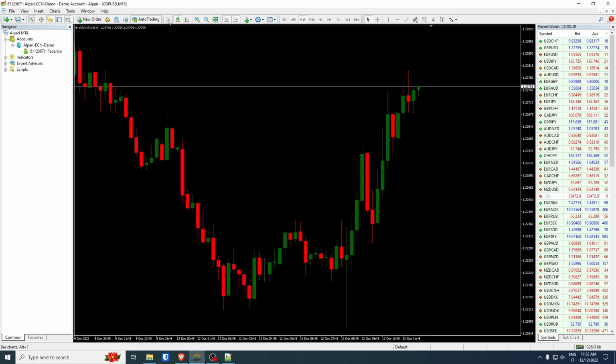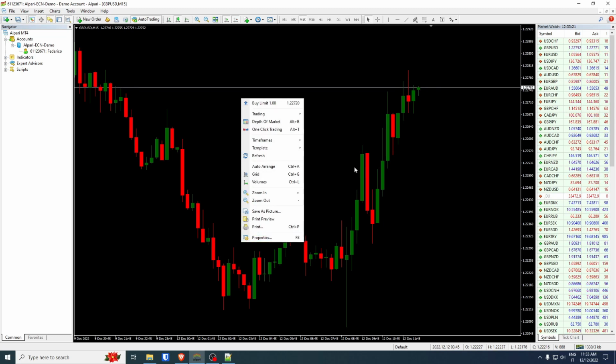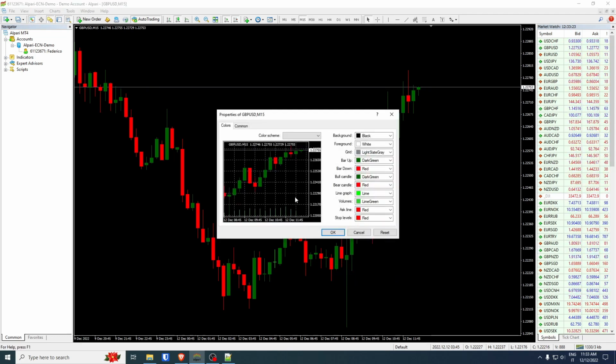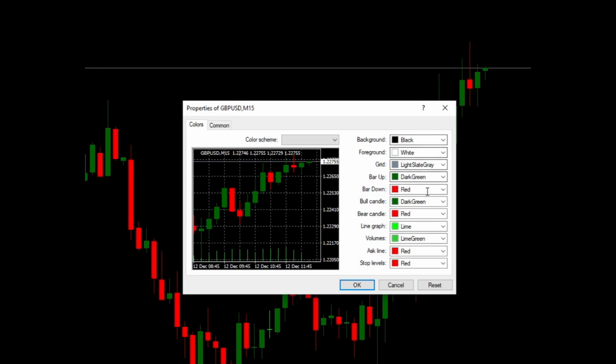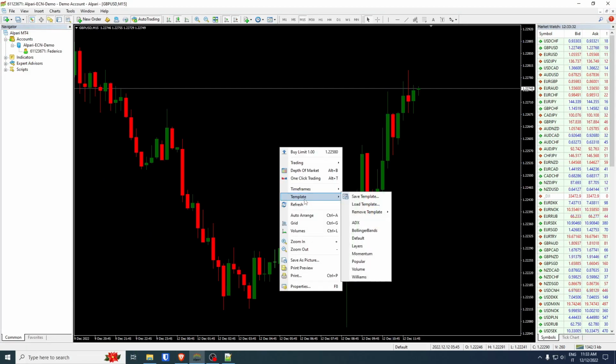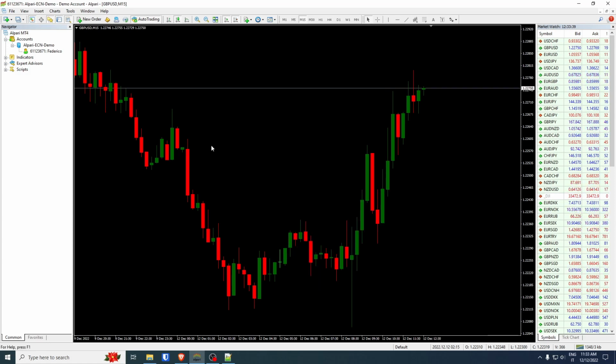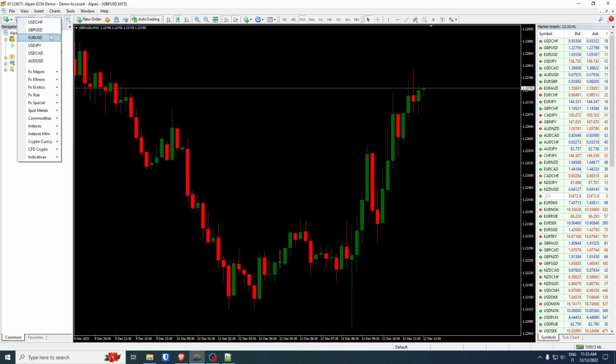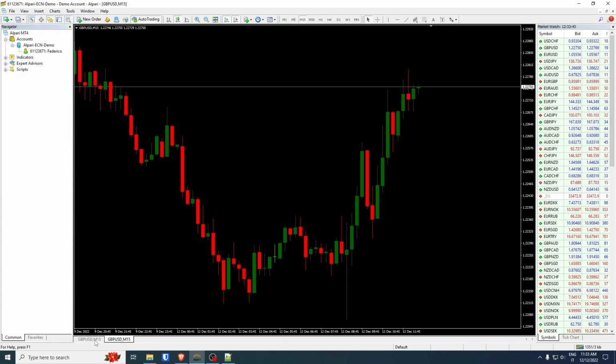Of course, we can choose the properties for the chart from right here, or we can choose them by right clicking and then going to properties. And if you copy these settings, you will have my default template. What is a template? It's a set of properties of a chart. For example, if I go to File and I click New Chart, GBPUSD, it will open with the same properties.